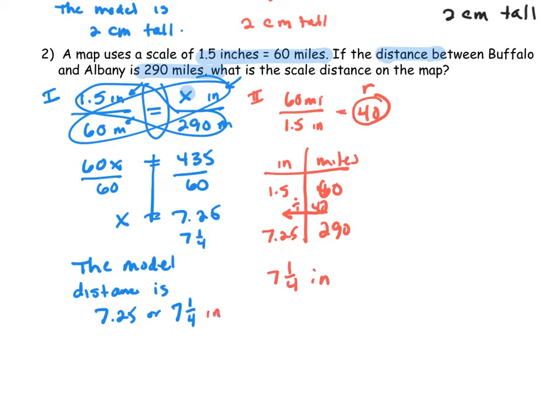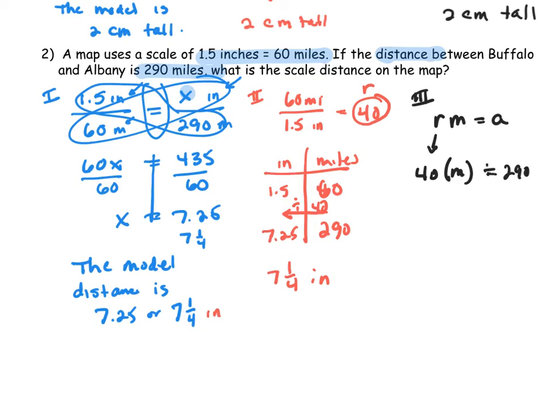So our very last method would be the equation. And our equation is the rate, which is the unit rate, same as we used in method 2, times the model dimensions, and that's going to give us the actual dimensions. So the rate was 40, the model, we don't know, and the actual was 290.